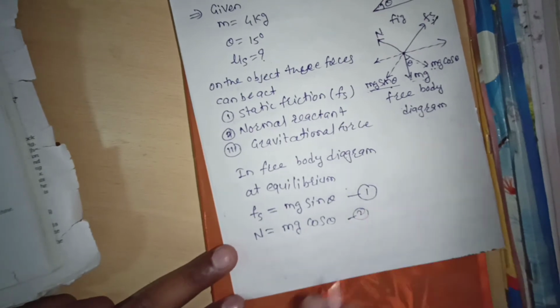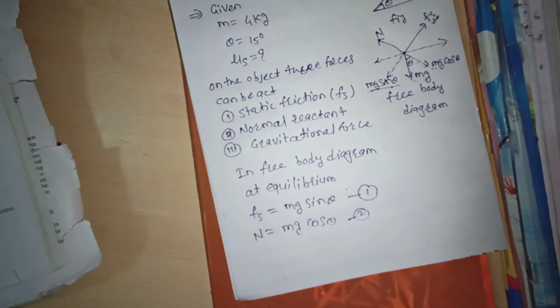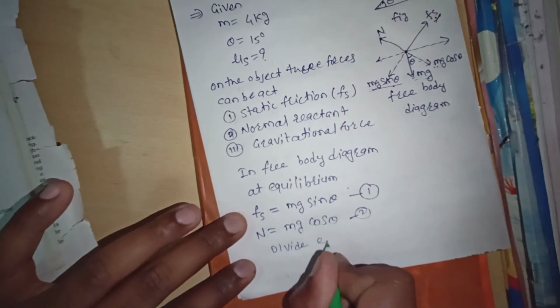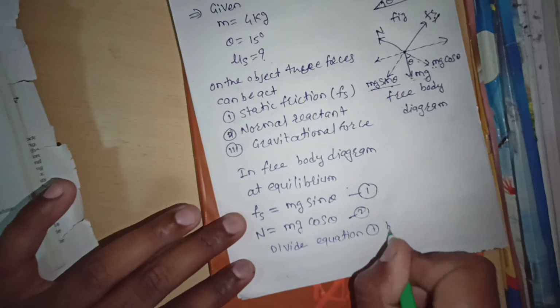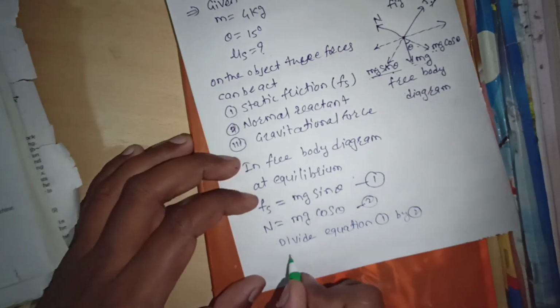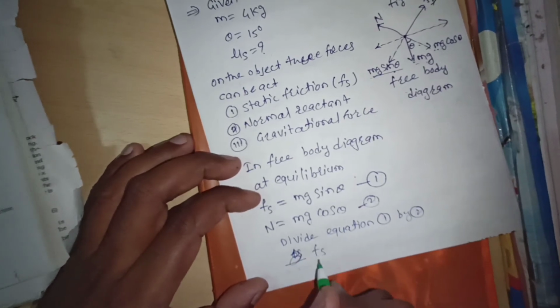Now how to solve it? Divide equation 1 by 2. When we divide equation 1 by 2, what happens?